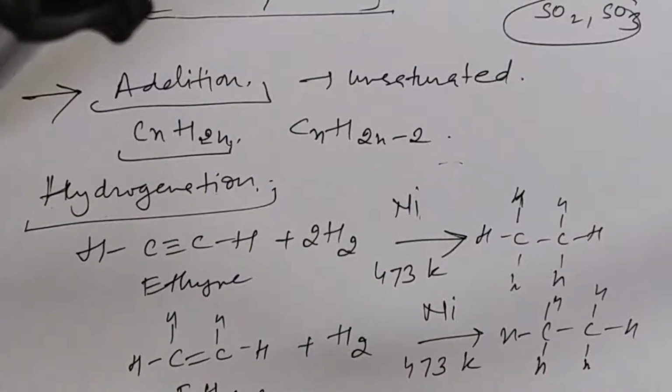Hydrogenation is basically the addition of hydrogen. So edible oils can be hydrogenated in the presence of a catalyst to form fats which are saturated. These are some examples of addition reactions.